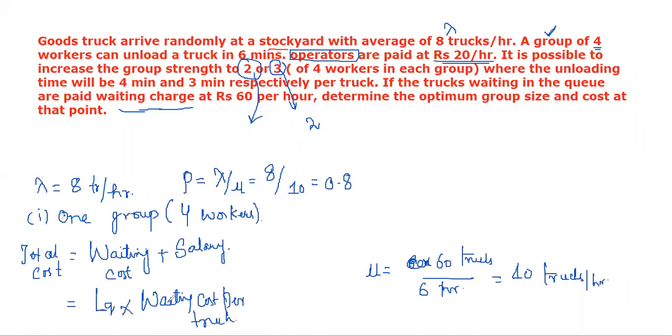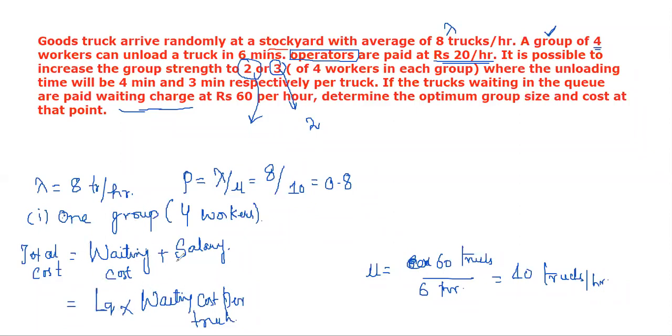There will be many trucks waiting in the queue. Therefore, the total cost that we have to pay will be the waiting cost per truck multiplied by the number of trucks waiting in the queue, and the number of trucks waiting in the queue is given by the length of the queue. Okay, is this formula clear?